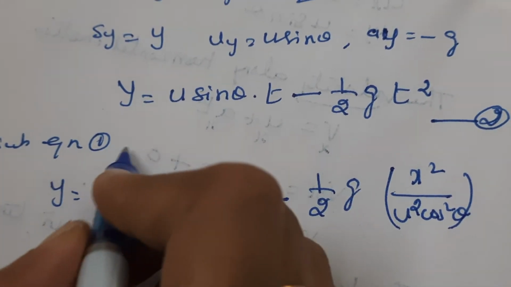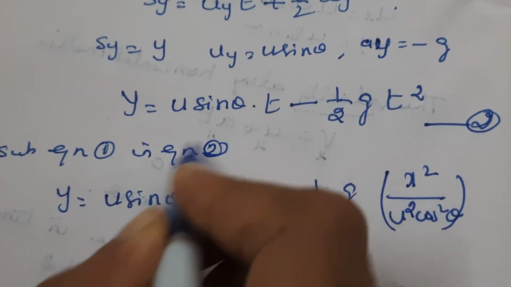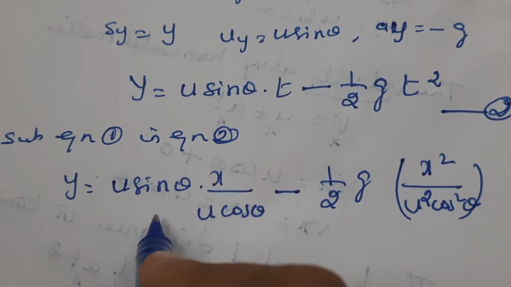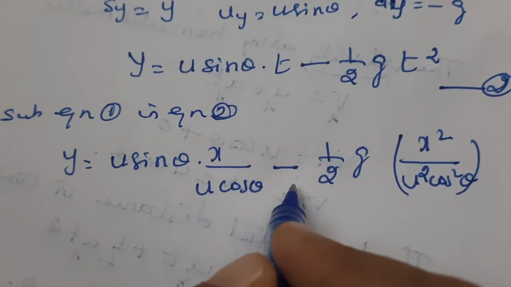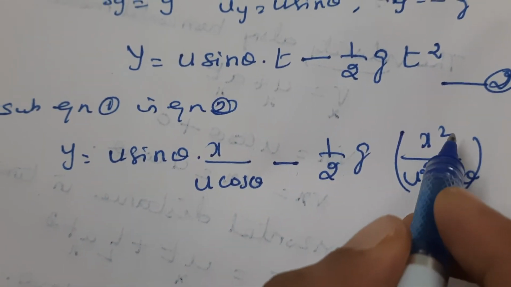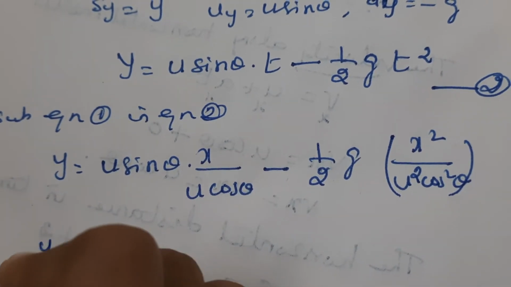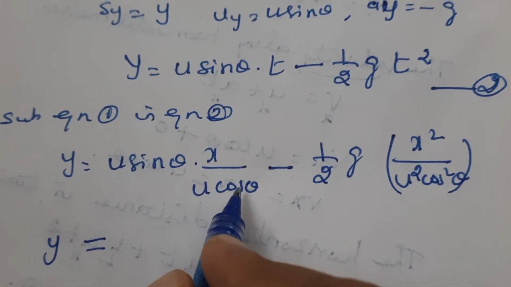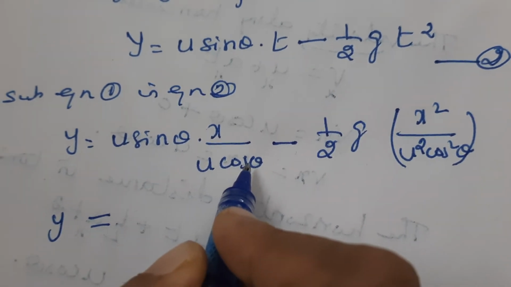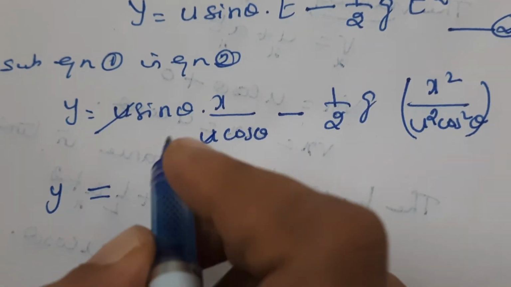So substitute equation 1 in equation 2. We got y equal to u sin theta into x by u cos theta minus half g x square by u square cos square theta. We can simplify this. Sin theta by cos theta is tan theta. U got cancelled.